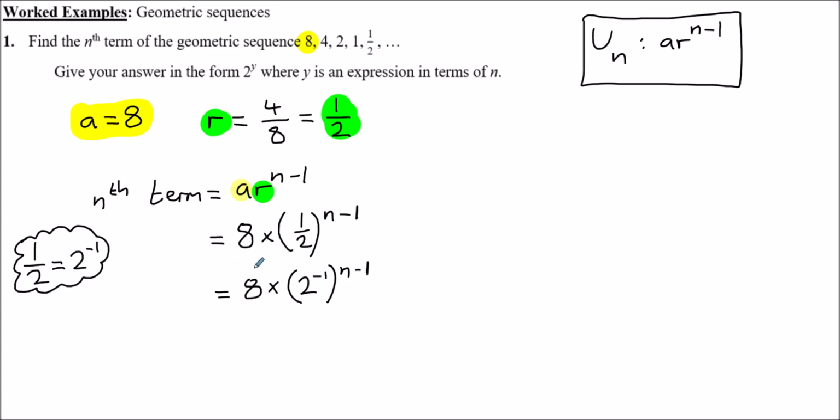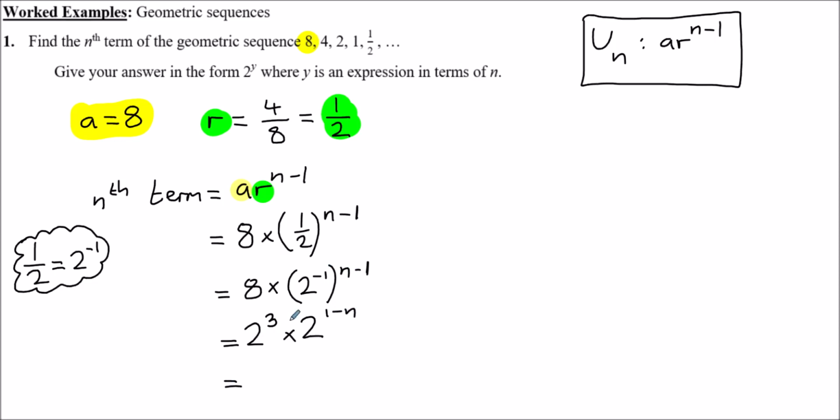Next, you can see that 8 is a power of 2 as well. 8 is 2 cubed, so if I replace 8 with 2 cubed, then here I've got a power of a power. So if I multiply minus 1 by n minus 1, minus 1 times minus 1 gives me plus 1, minus 1 times n is minus n.